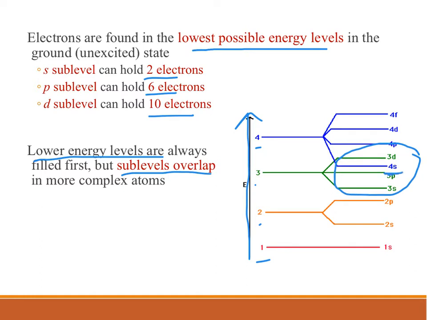So electrons in the 4s orbital sublevel actually have a lower energy than the ones in the 3d. Thankfully, there's a very convenient way to use your periodic table to keep track of which orbital electrons are in, and that makes all of this a whole lot easier to deal with than you might be thinking at the moment.